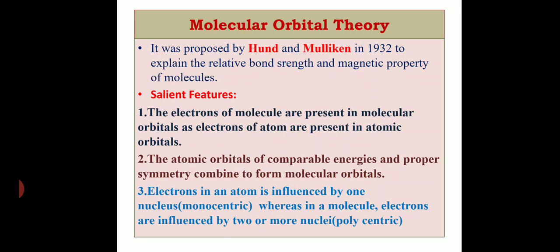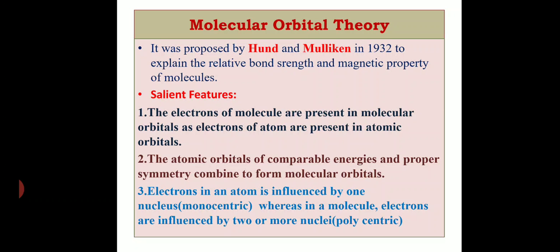Remember, both valence bond theory and molecular orbital theory are based on the quantum mechanical model of the atom. In quantum mechanics, we consider both the particle and wave nature of electron, right? So now we'll be learning the salient features of MOT, that is molecular orbital theory.